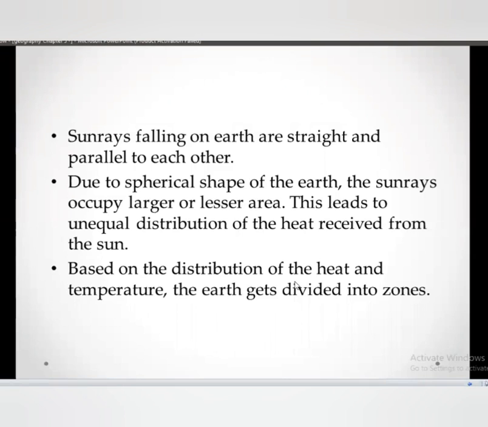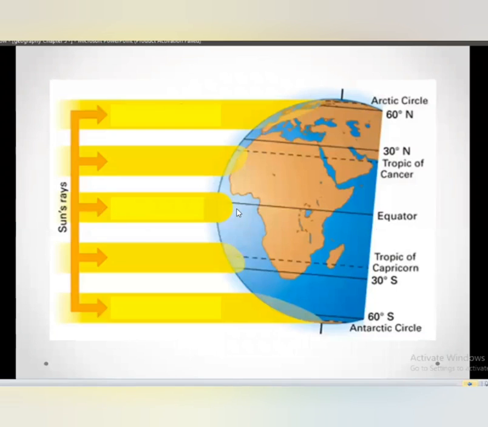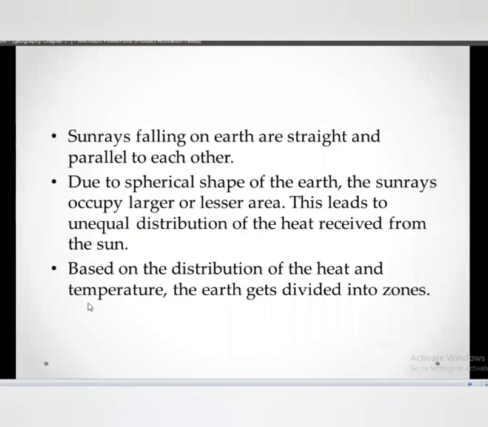Understand this last statement properly. The slant rays and the straight rays give different temperatures, so based on this distribution of heat and temperature, the earth gets divided into zones.